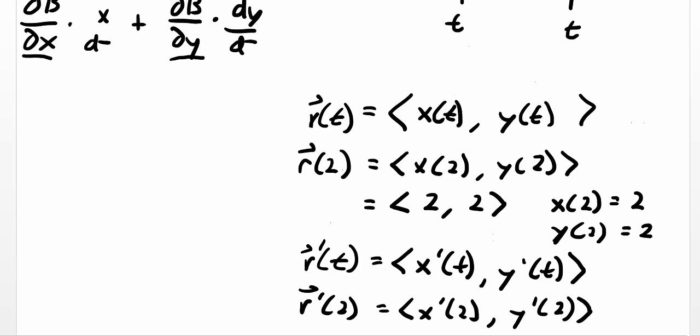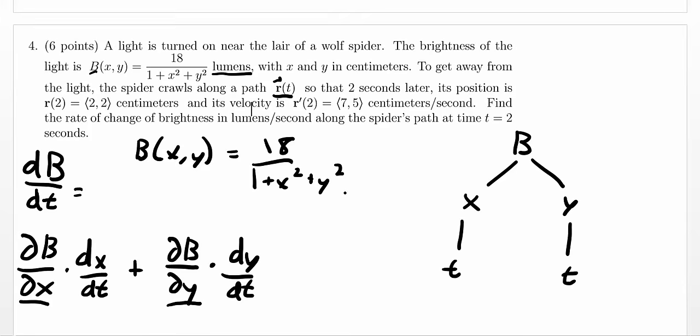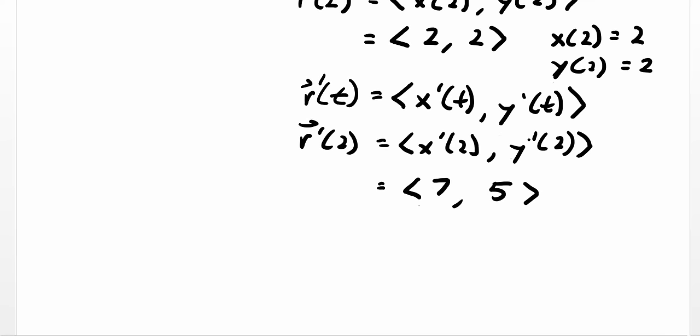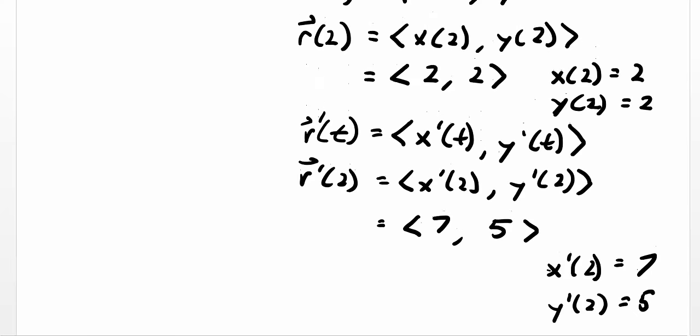And in this particular problem, they told us the velocity vector is 7, 5. So this means x prime of 2 equals 7, and y prime of 2 equals 5. Now we're going to need these data later on.